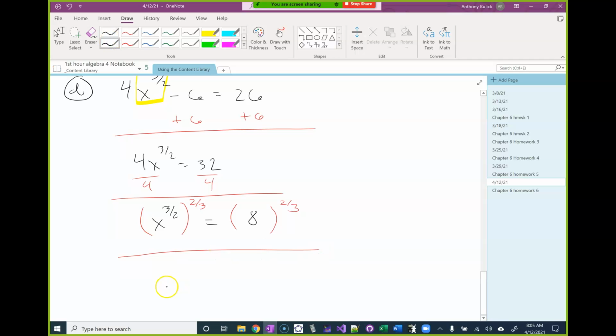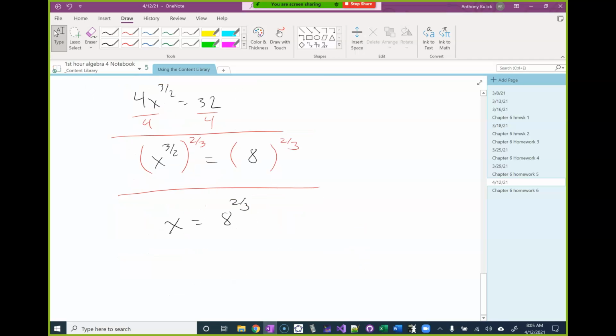So that's good. Now, we should try to simplify 8 to the 2/3, right? This looks very much like a problem that we would have done here before break.